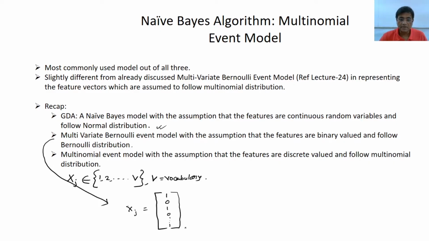Say you have a 20,000 vocabulary, so a 20,000 cross one dimensional vector, and say this is my dictionary: absence, abacus, blah blah blah, and you have money, lottery, then zero. So this could be a huge vocabulary, 10,000, 20,000, right?